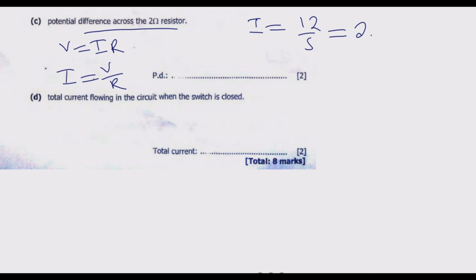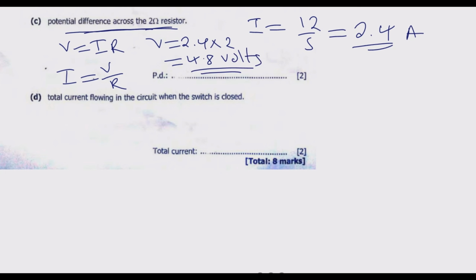Then 5 into 2 is 0.4. So this is the amps. Having found the current, we can find the voltage. So voltage will be 2.4 times the resistor, which is 2. We multiply these two and end up with 4.8 volts. So 4.8 volts will be the potential difference across the 2 ohm resistor before the switch is closed.